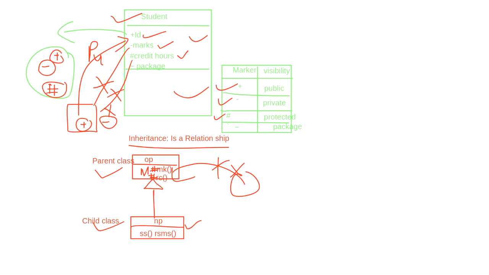So, associations. Let's talk about associations now. Associations are of different types. What do you mean by an association? Association represents a static relationship between the classes.